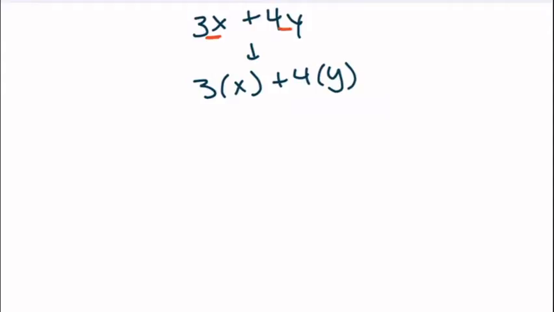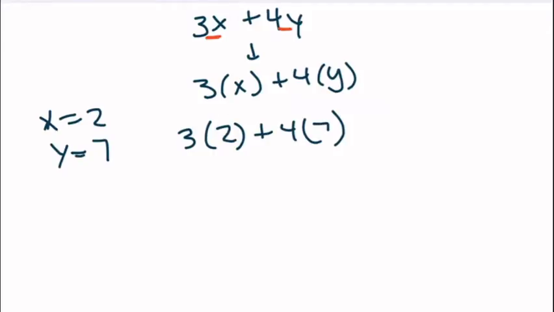So x is equal to 2 and y is equal to 7. So we would plug in 2 for x and 7 for y. 3 times 2 is 6, and then 4 times 7 is 28, and 6 plus 28 is 34. So that is our answer.